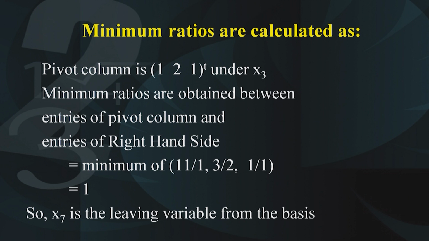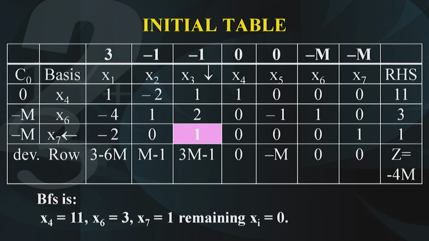X7 is the variable which should leave the basis, because the minimum ratio corresponding to x7 indicates that it should leave the basis. Therefore, the entry highlighted in the pink cell, that is 1, is the pivot.